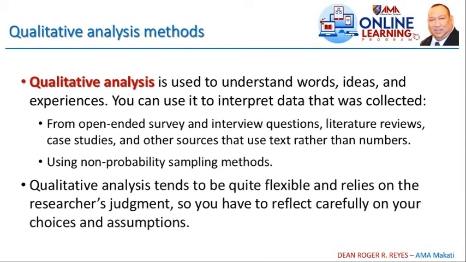You can use it to interpret data that was collected from open-ended survey and interview questions, literature reviews, case studies, and other sources that use text rather than numbers. It is also used when you apply non-probability sampling methods. Qualitative analysis tends to be quite flexible and relies on the researcher's judgment, so you have to reflect carefully on your choices and assumptions.